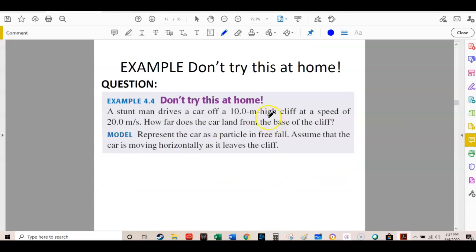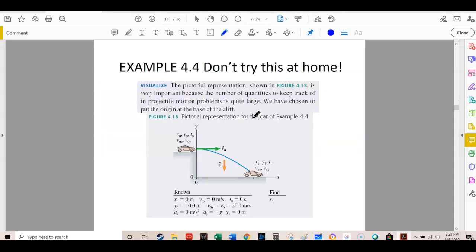A stuntman is going to drive a car 20 meters per second off a 10-meter high cliff. So again, this is probably going to have maybe a time of flight. If you're falling at 9.8 meters per second squared, it's probably going to have maybe a delta t of maybe 1 second if you're lucky, right? So they're doing the same thing. They draw a pictorial representation.